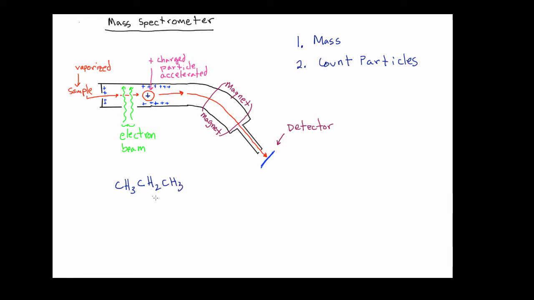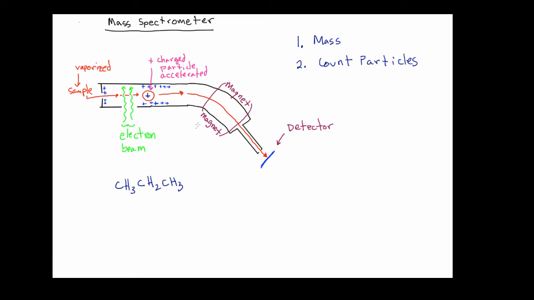Now, remember that this instrument is used to determine the molar mass of things that we already know the molar mass of, and also unknowns, and in addition to looking at isotope mixtures of particular elements.